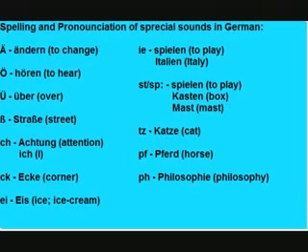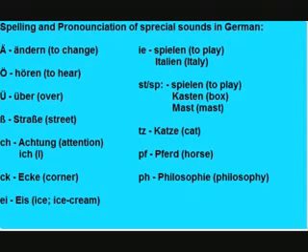The EI is pronounced like I, like in Eis, so ice or ice cream. The IE is pronounced as a long E, like in spielen, to play, or in some special words it's pronounced separately, like in Italien, Italy.